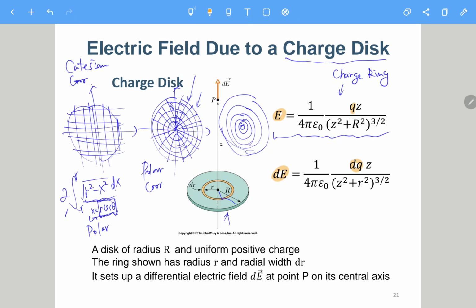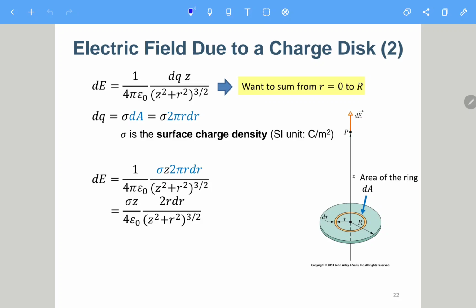All the other things remain the same. Another thing is that we use capital R for the radius of the disk, so for the ring we consider this r to be small r. We integrate with dr from 0 to capital R, and everything will settle. Okay, so next part. This is what we get from the previous page.